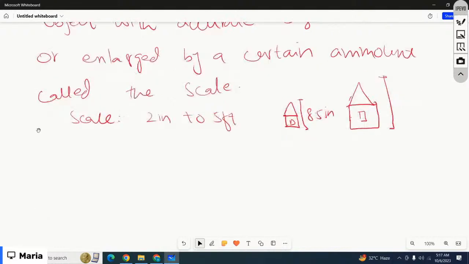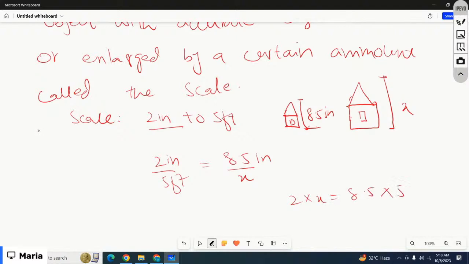Just use the scale, make a proportion, right? The scale is 2 inches to 5 feet. So it would be 8.5 inches to x. For example, this is x, right? Just do cross multiplication. 2 times x equals 8.5 times 5.